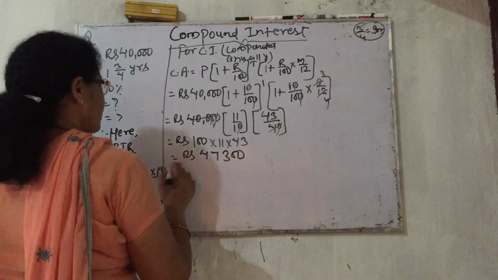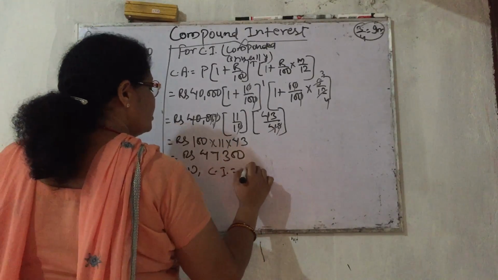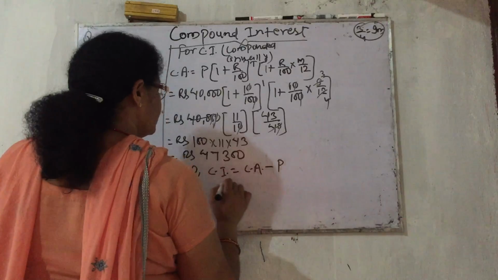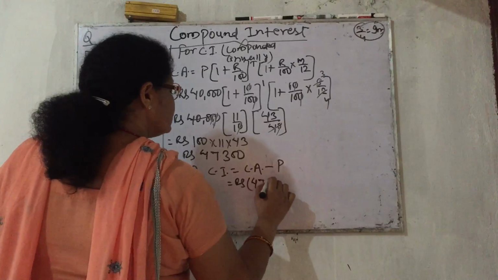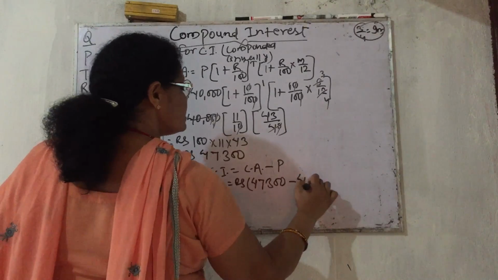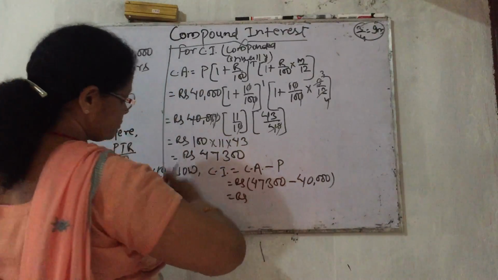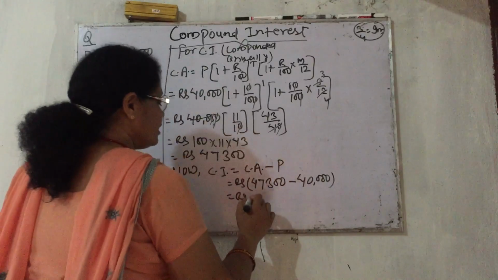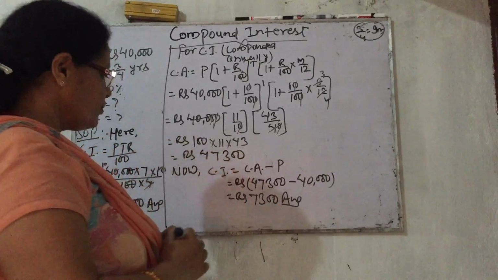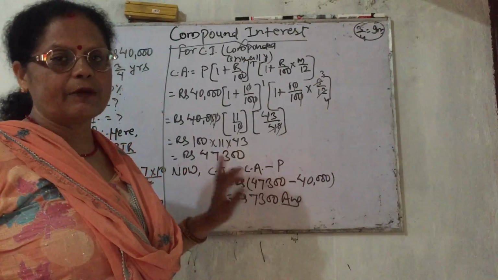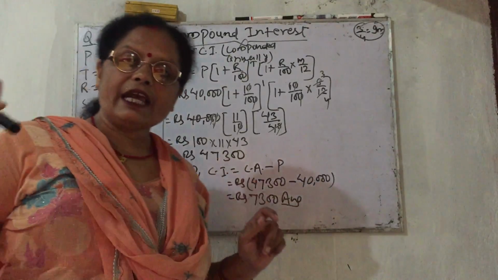So now we can write CI equal to CA minus P. CA is 47,300 minus P, which is given 40,000. After subtracting you will get 7,300. It is our answer of compound interest. Means our compound interest compounded annually is 7,300.